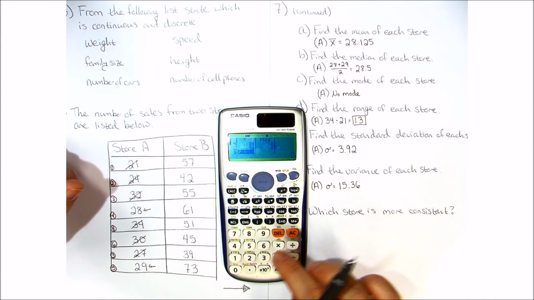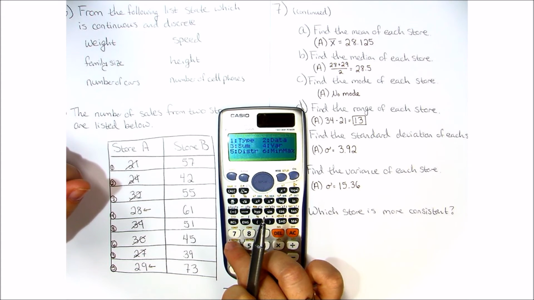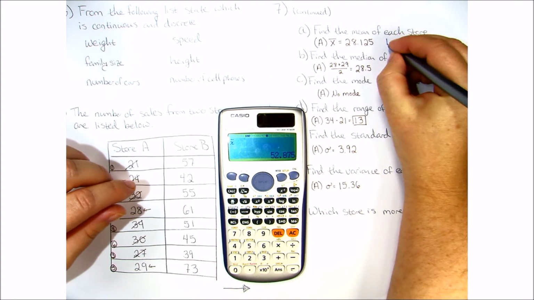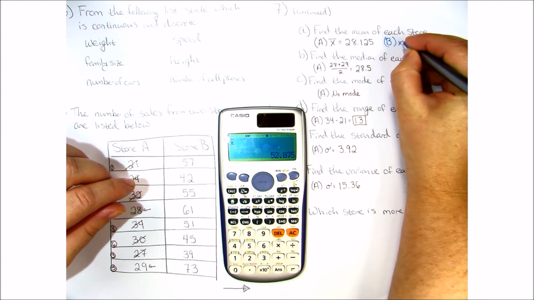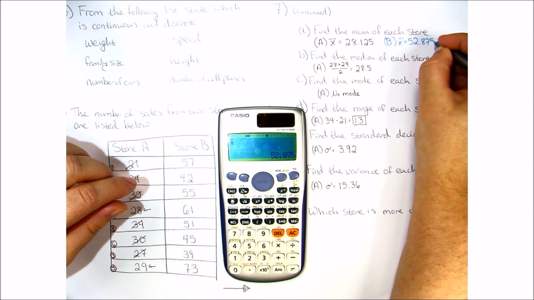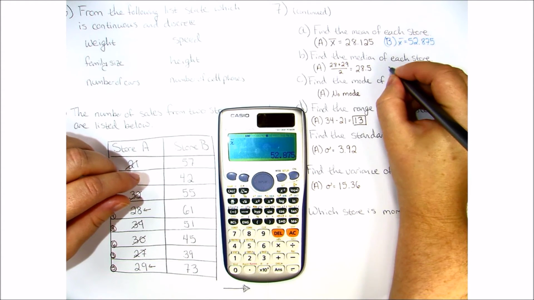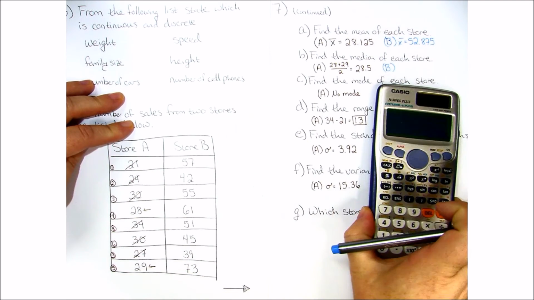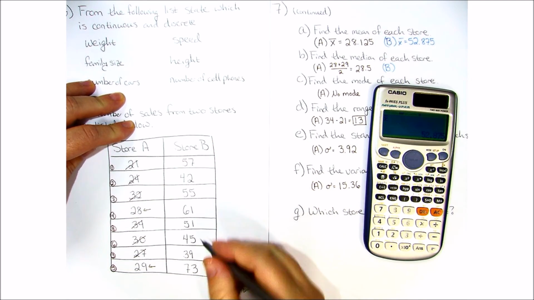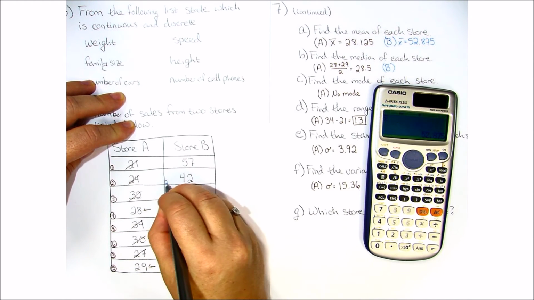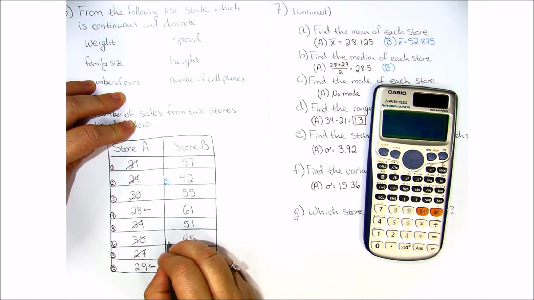We click AC, and we're going to first find the mean. So the mean is 52.875. Okay, now we need to get the median, and the median we're going to do roughly in the same way. We're going to start by finding the smallest number, and here is my smallest number. Then I have 42 and 45.